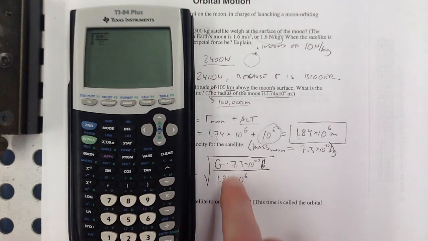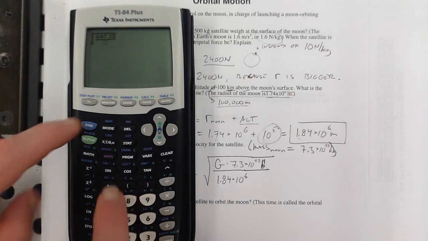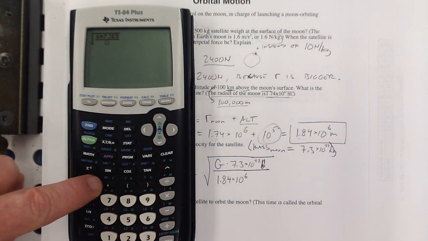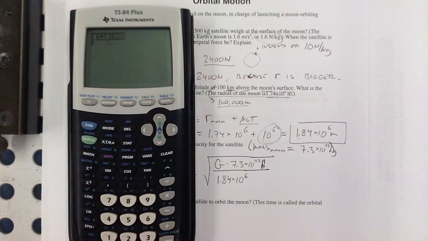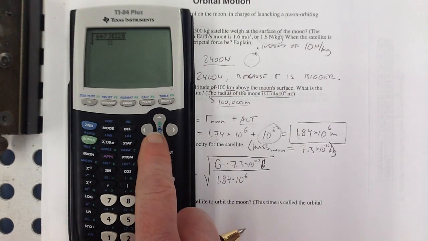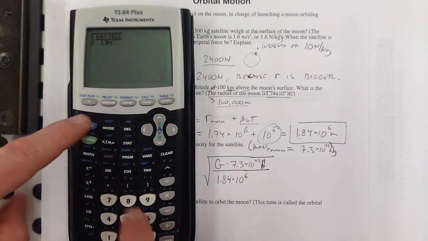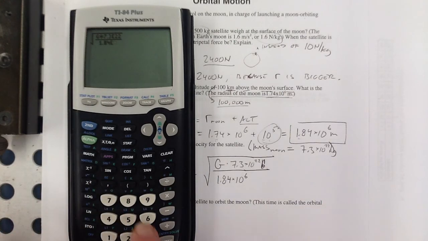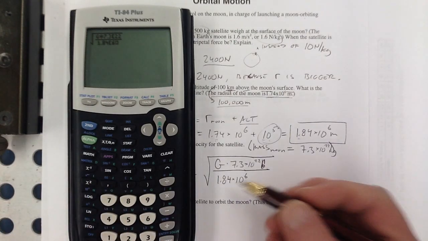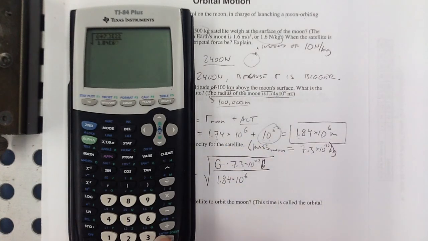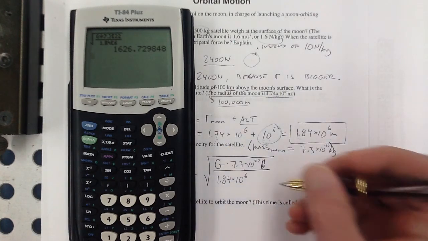Times 7.3, use the little exponent entry thing, 22, and then on the bottom, 1.84 times 10 to the 6. I think that looks good. All right.